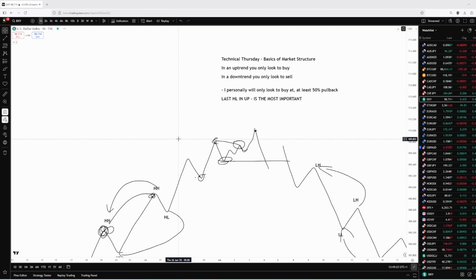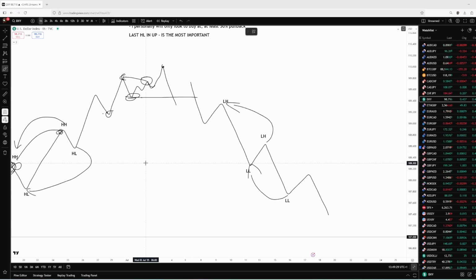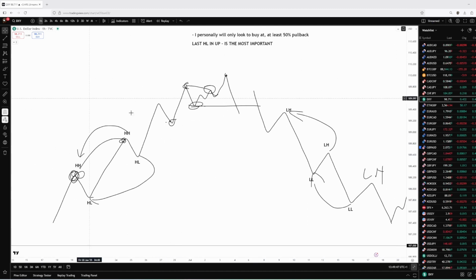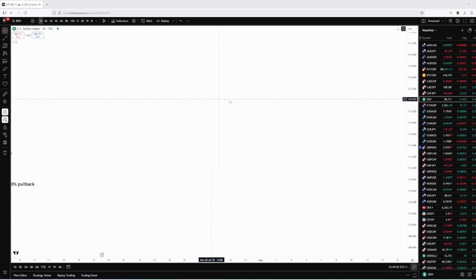So it's important to know in an uptrend, the higher low is the most important thing. And in a downtrend, the lower high is the most important thing, because once that's broken, that gives the market or people an idea that now markets might start to reverse and go from a downtrend to an uptrend. So with that in mind, let's have a little look at what a break of structure is. So let's just move over.